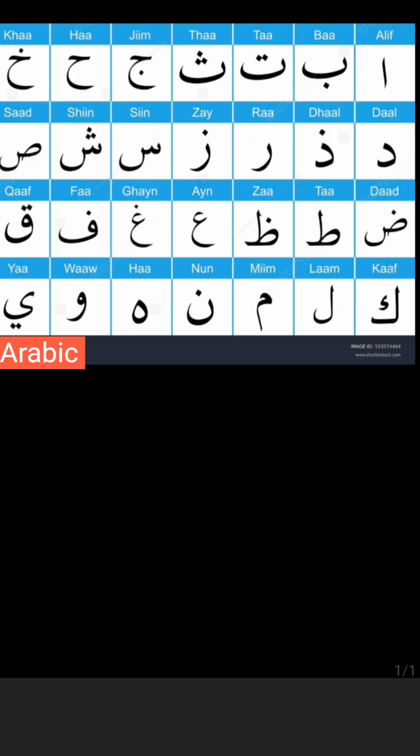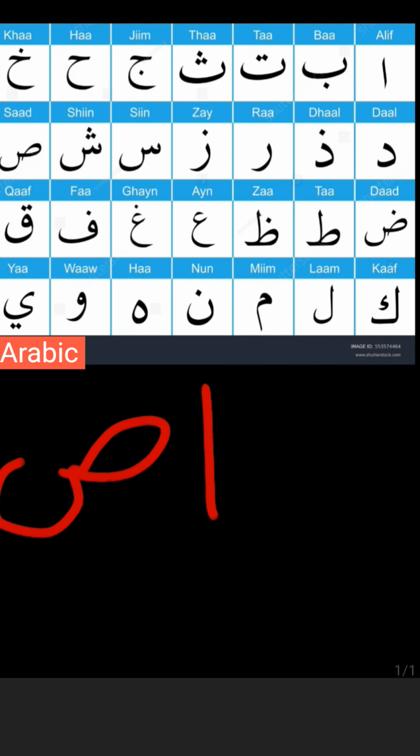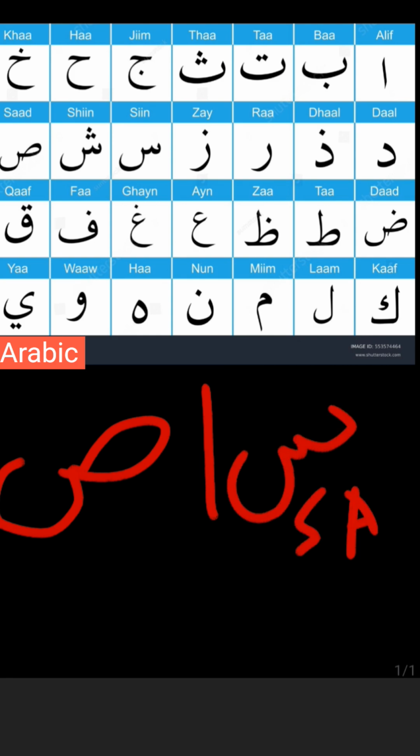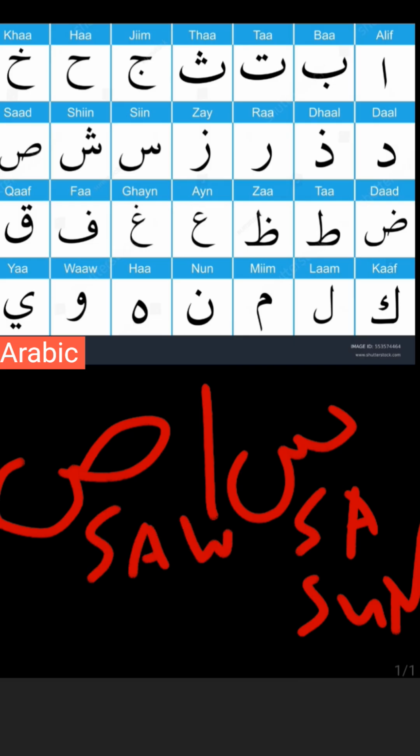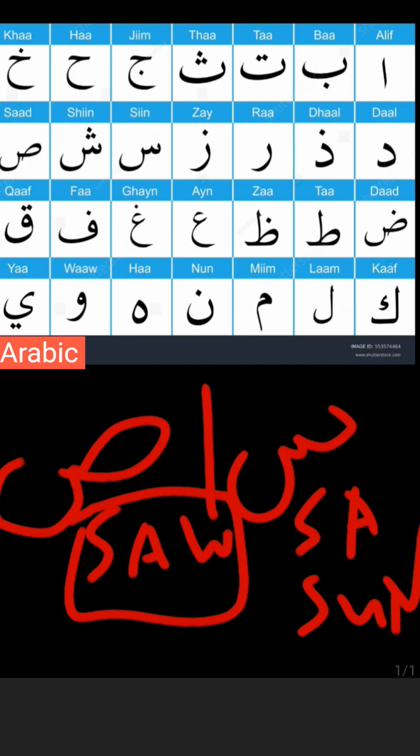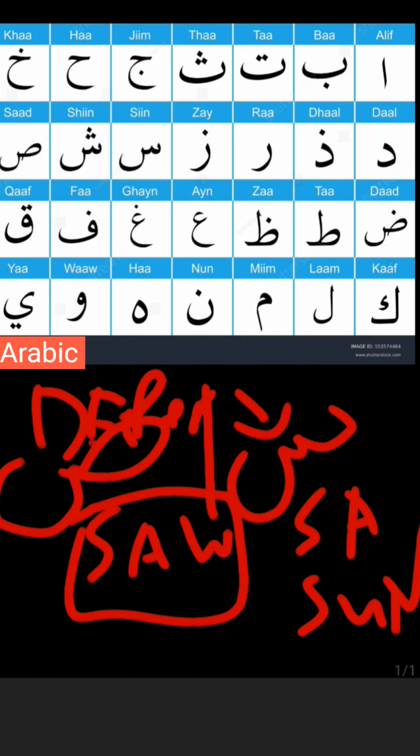Let me see if I can put them side by side. We have a seen here, which says like sun. This is like a saw, basically like a chainsaw. It's like a deeper seen. Saw.